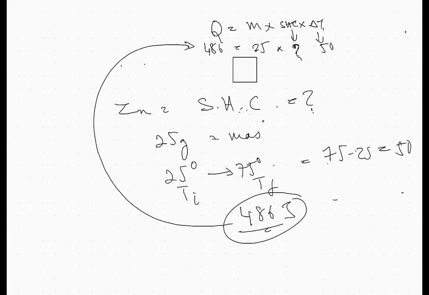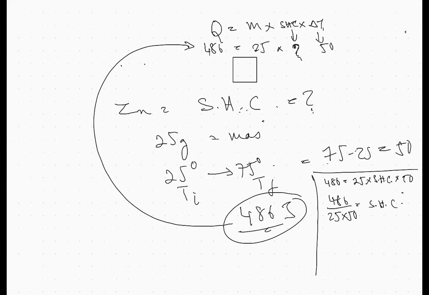So I have 486 equals 25 times the unknown specific heat capacity times 50. So 486 divided by 25 and divided by 50. I should get specific heat capacity. And the answer I have here is 0.389 joules per gram per centigrade.